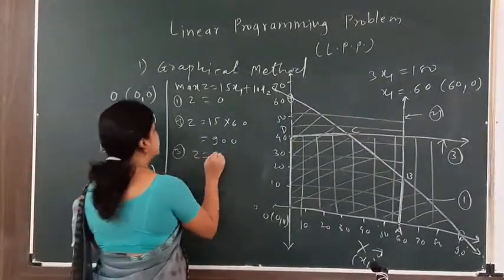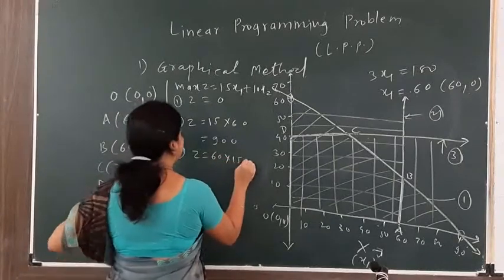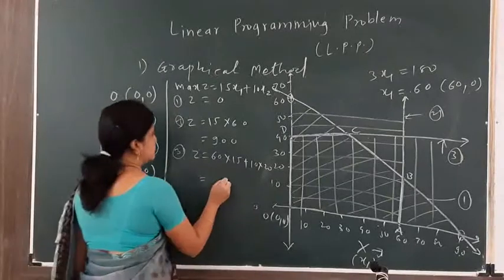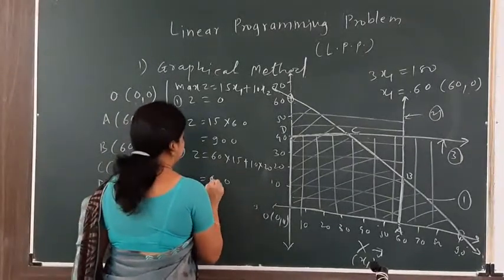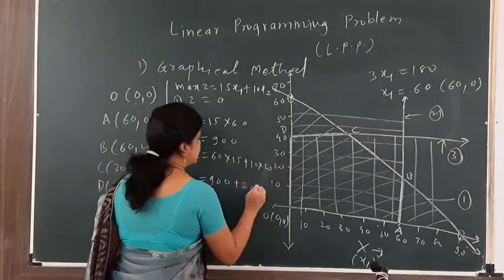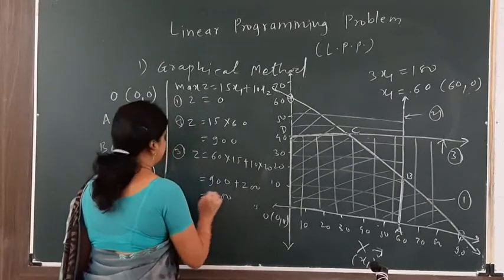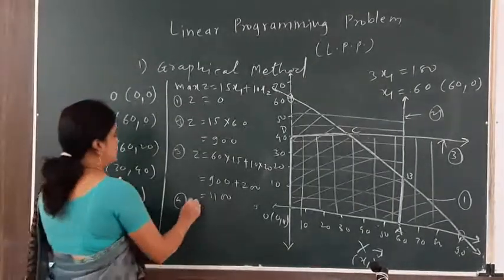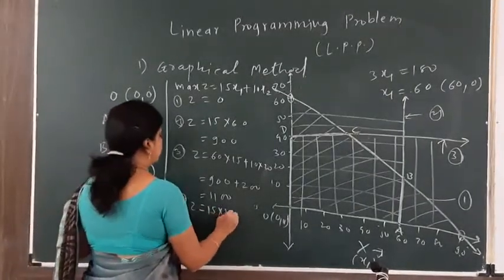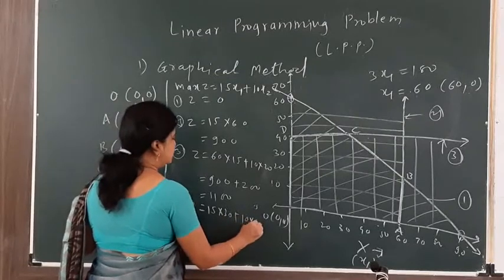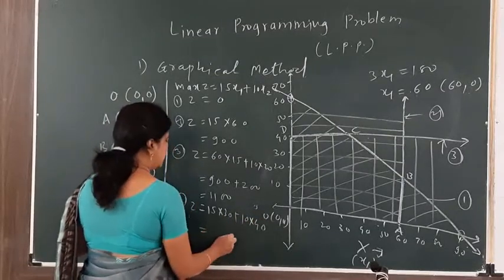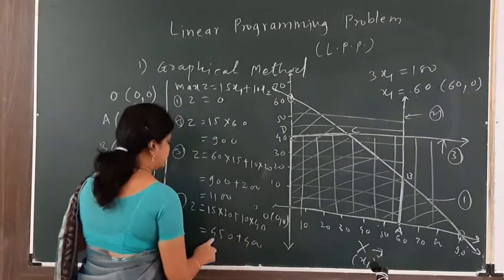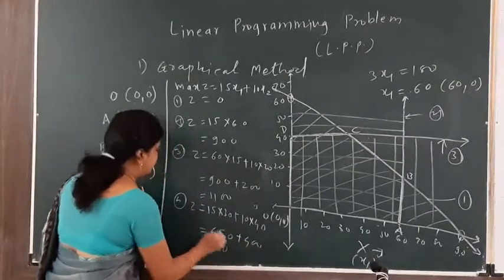So Z is 60 into 15 plus 10 into 20, 900 plus 200, so 1100. Now fourth, I need to put 30 and 40. So Z is 15 into 30 plus 10 into 40, which comes as 850. That is my fourth point.